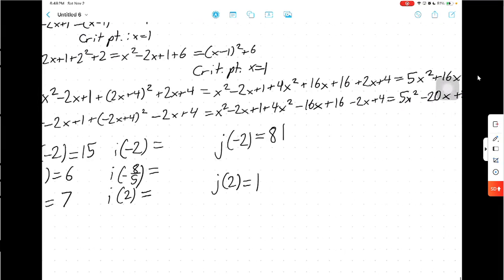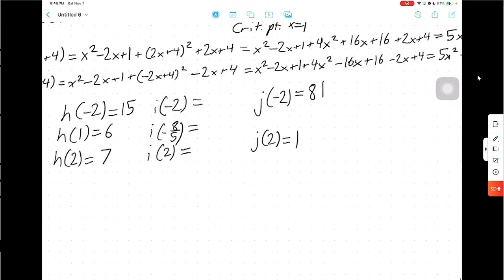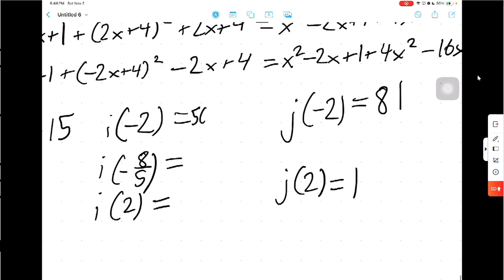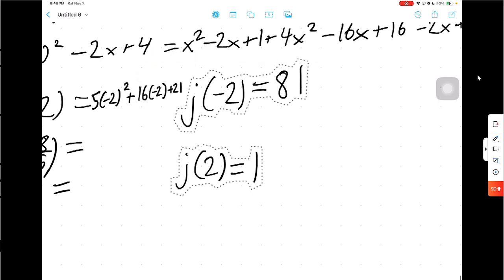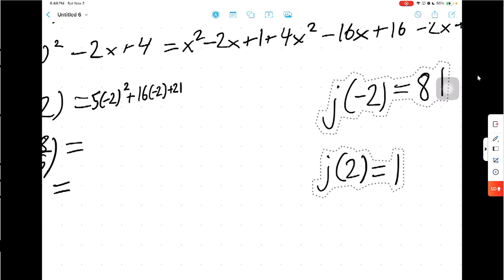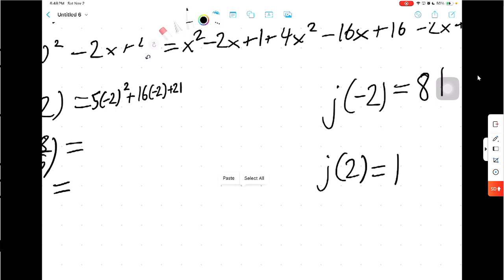I of negative 2 is equal to 5 times negative 2 squared plus 16 times negative 2 plus 21, which is 20 minus 32 plus 21.